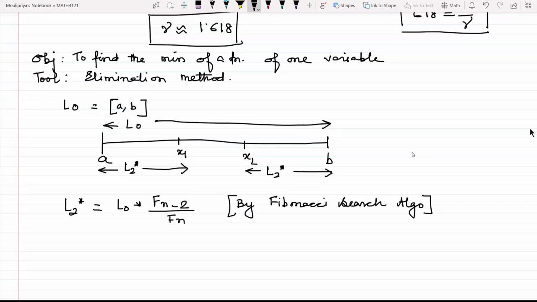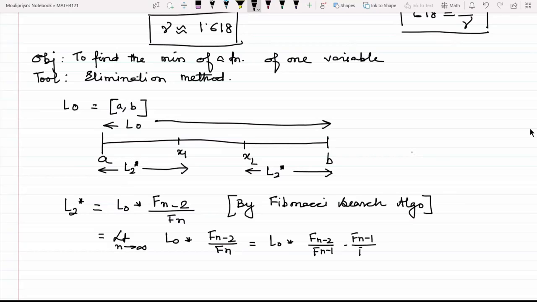Now, as I told you, for golden section search we have one more assumption, that we consider n to be very large. So we have the limit as n tends towards infinity of L0 times Fn minus 2 by Fn. This we can write as L0 times Fn minus 2 by Fn minus 1 into Fn minus 1 by Fn.